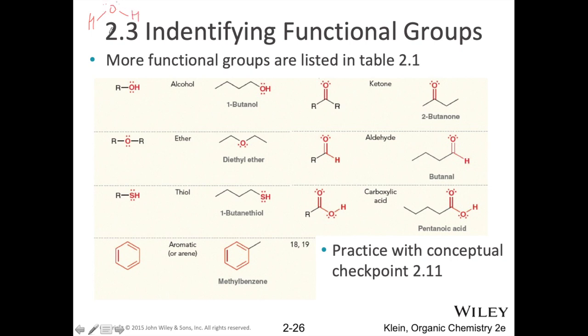If we swap out one of those hydrogens for an alkyl group, which is represented with the letter R here, so it's some hydrocarbon, some carbon chain with hydrogens on it, we call that an alcohol. Likewise, if we swap out both of our hydrogens for R groups, we have what's called an ether. Now, thiols are also considered part of this family. A thiol is like an alcohol, except you've got a sulfur instead of an oxygen.